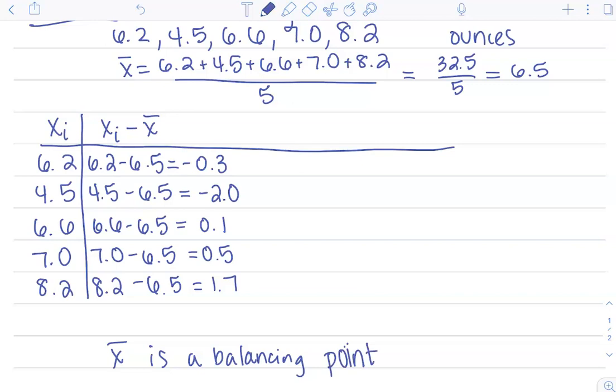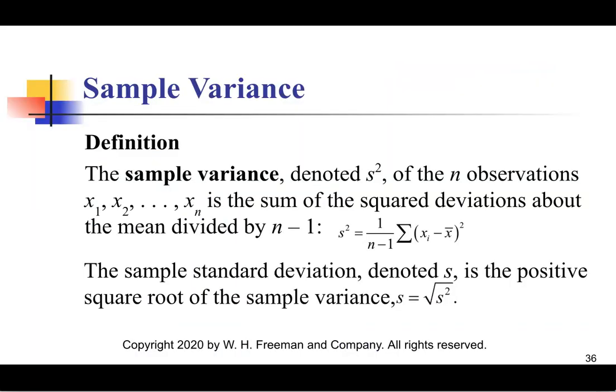So if the mean is your balancing point, then the differences from all the values to the mean will balance out, and that sum will always be 0. So that's just an interesting observation here, that the sum of these deviations will always be 0 for any data set. Take this a step further to talk about what's called the sample variance.